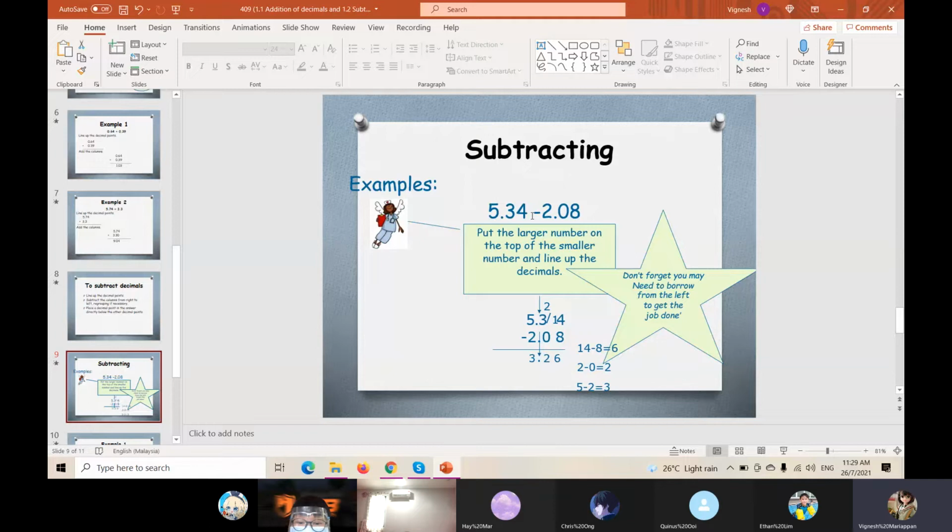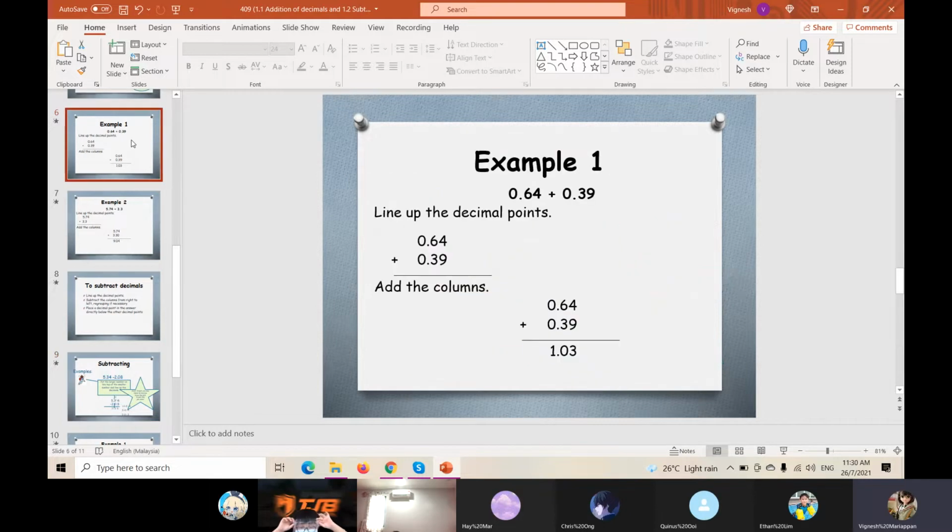5.34 minus 2.08. That means you have to put the larger number on the top of the smaller number. For the addition, it's okay when you put the smaller number on top, because you are following the order, the first and then followed by the second number.